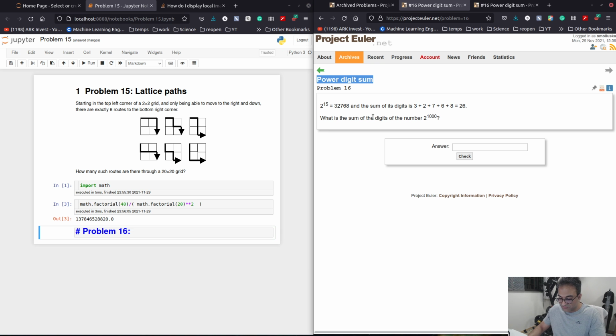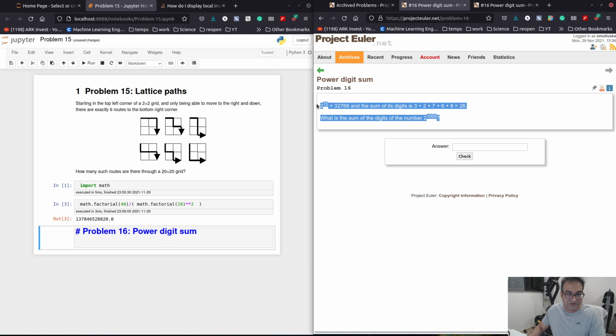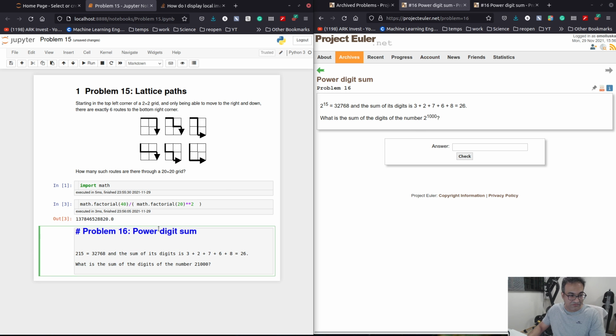I think we can do this very easily, given that Python has this ridiculous two to the power 15 equals that. What is the sum of the digits of 2 to the power of that?